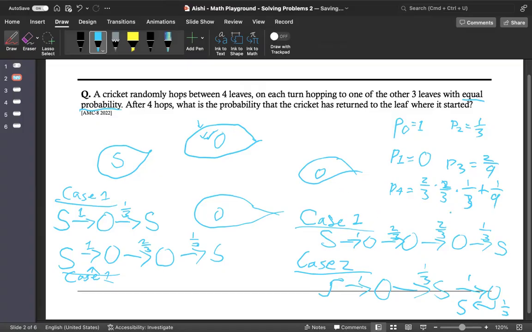So we're not gonna multiply these because this is, hold on, let me just move up here. This is what you call mutually exclusive, and we call it mutually exclusive because they have an or relationship.